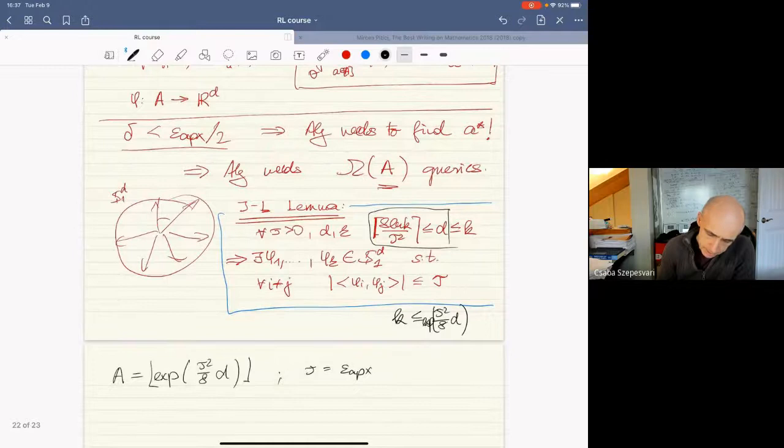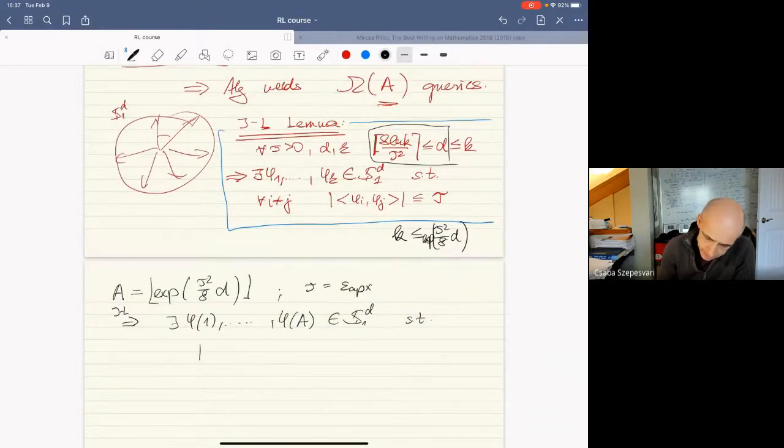Then from the JL lemma, it follows that there exist these phi 1 to phi A vectors on the sphere such that the inner product between any pair of different vectors is small.